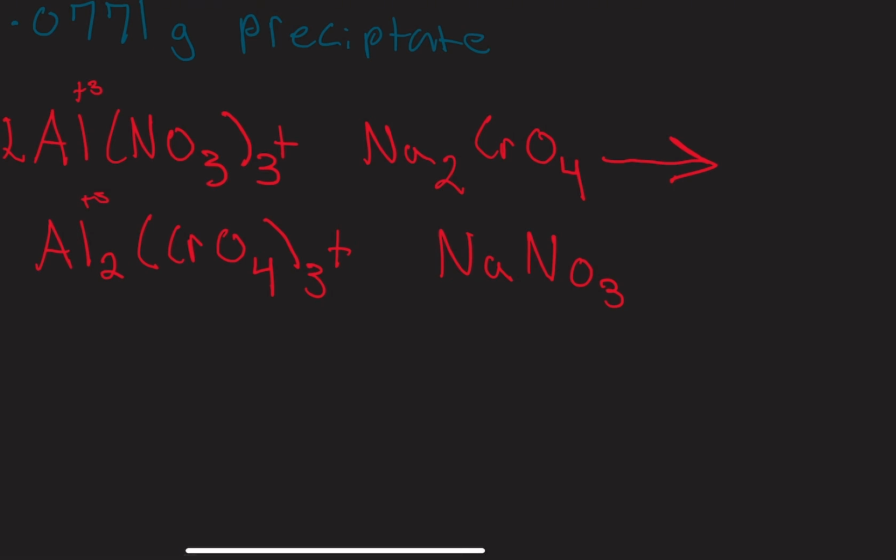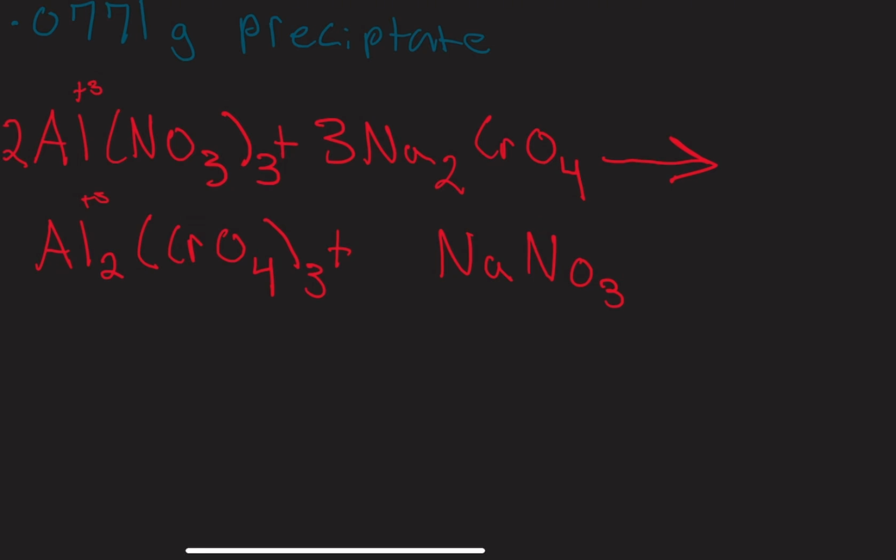Okay, let me just, there we go, 2 Al to make it 6 aluminum. But the CrO4 is still unbalanced. We have 3 on the right side and only 1 on the left side, so we fixed that. But now we need to balance the Na and the NO3 because we actually changed the NO3.